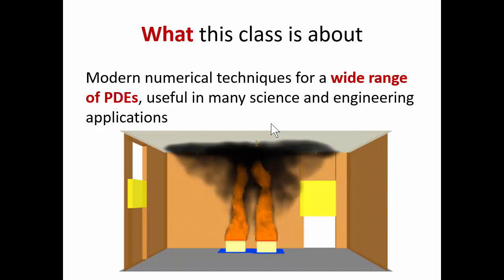When you build a building, in order to decide whether the placement of sprinklers and smoke detectors is appropriate, we solve partial differential equations to model the evolution of fire and the resulting propagation of smoke and the temperature.